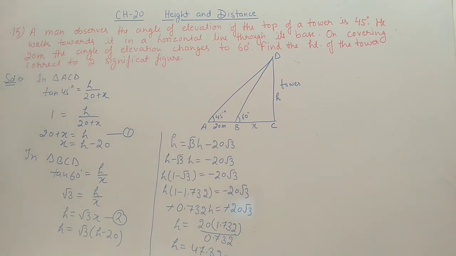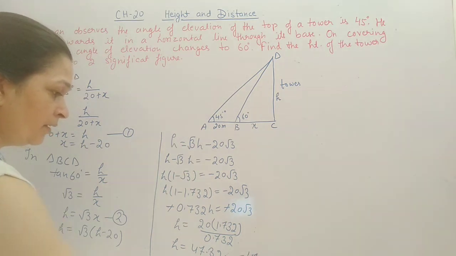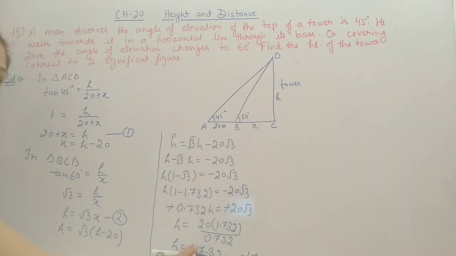But we have to find our answer up to two significant figures, not two decimal places. So we want only 2 digits here, so this 2 we have to remove. So the answer will be 47 meter, because after the decimal 3 is there, which is less than 5. So we will round it off to 7 only. The answer will be 47 meter.